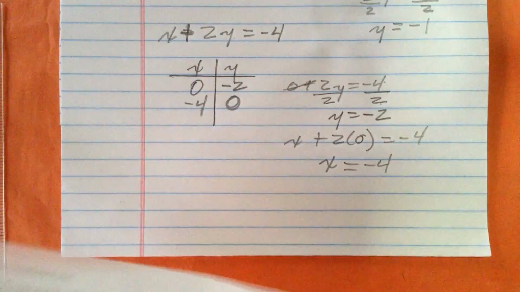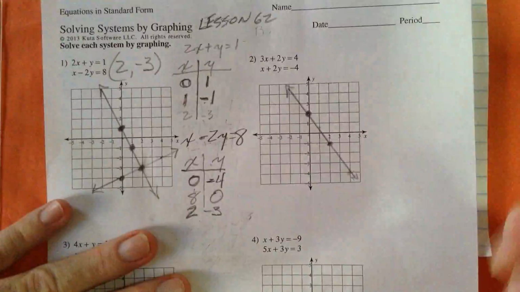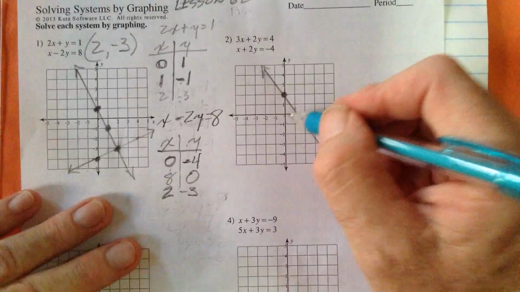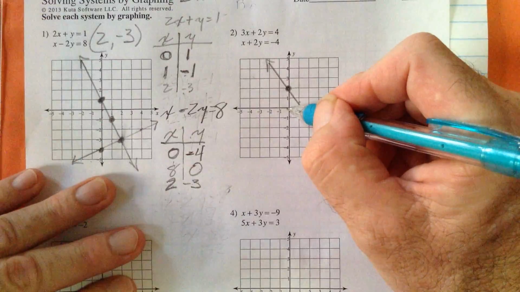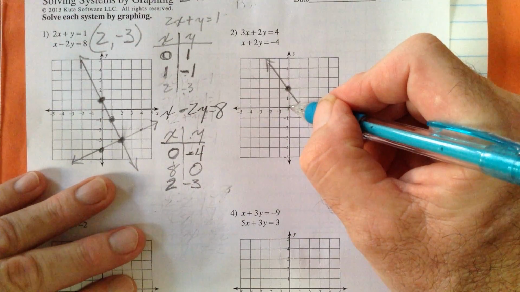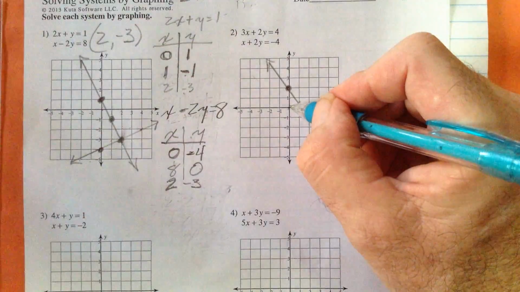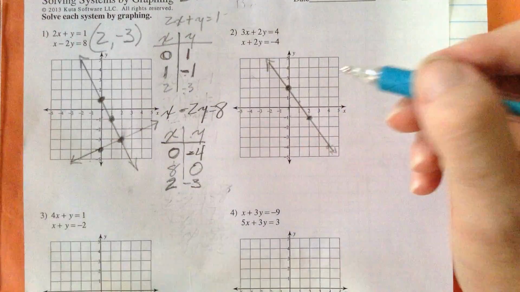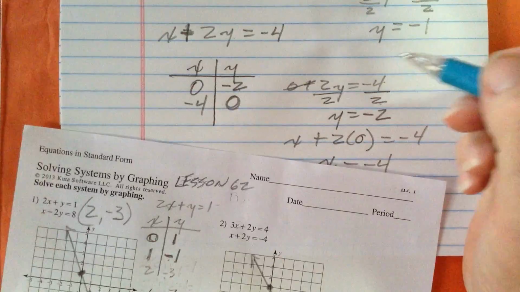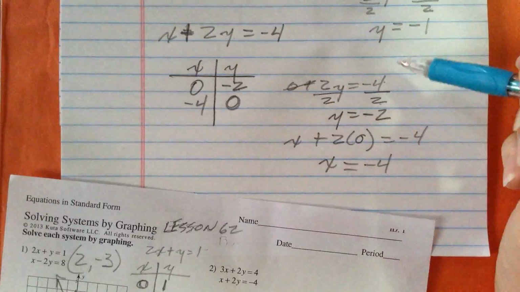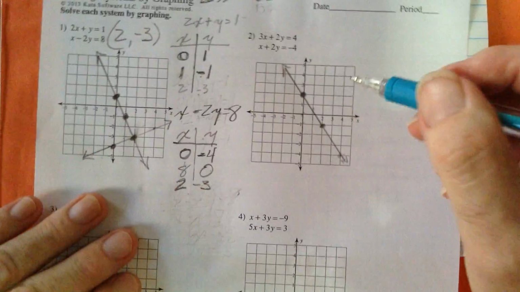Okay, so I can graph the second one. If x is 0, y is negative 2.